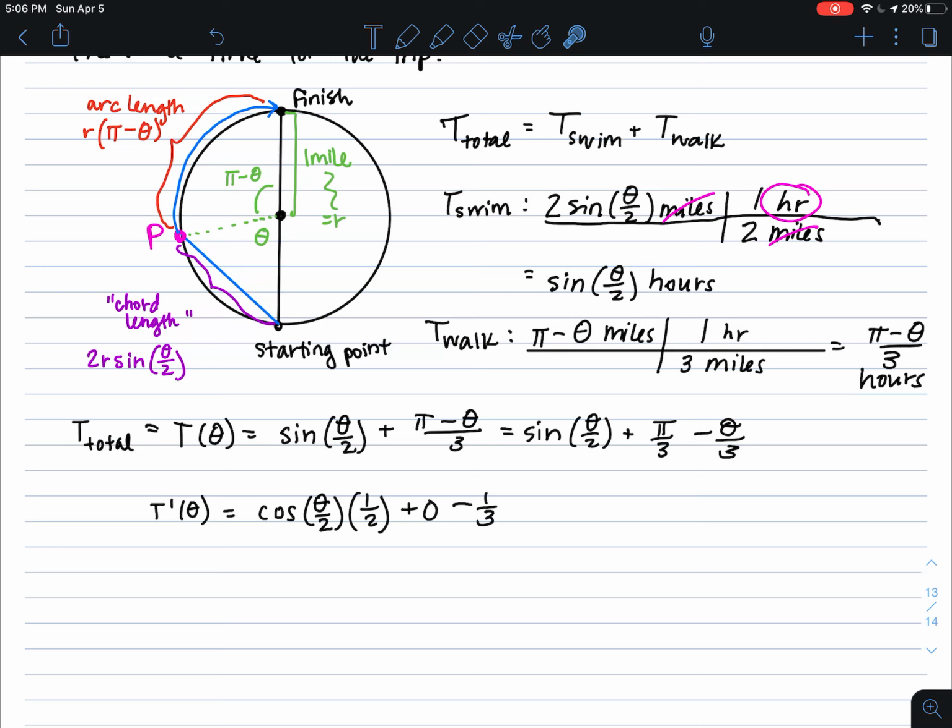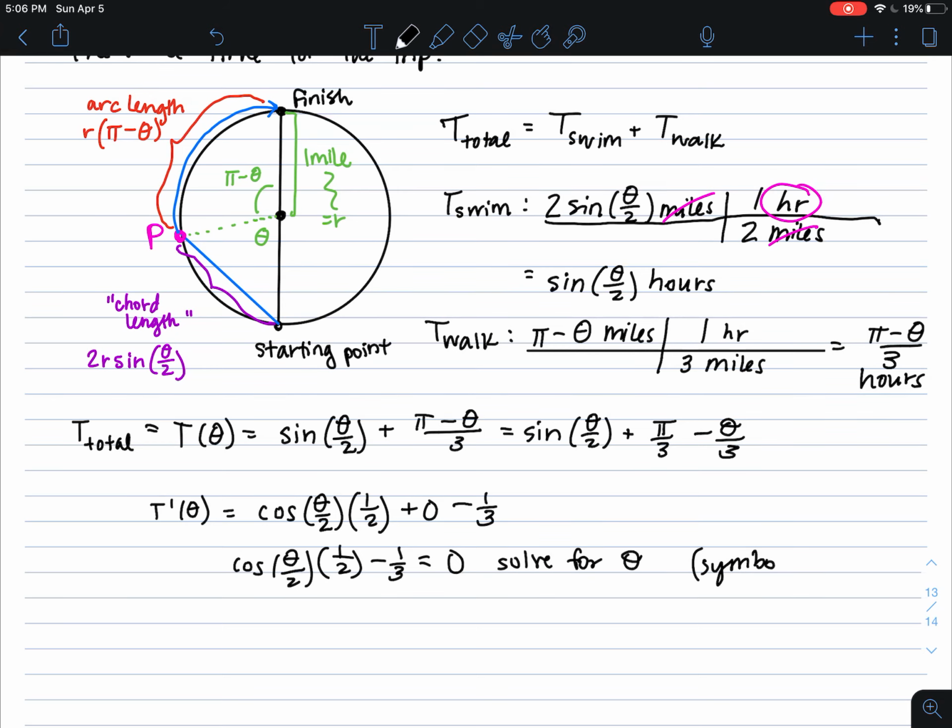And that is our derivative with respect to theta. Now we're going to set that equal to 0 and solve for theta.